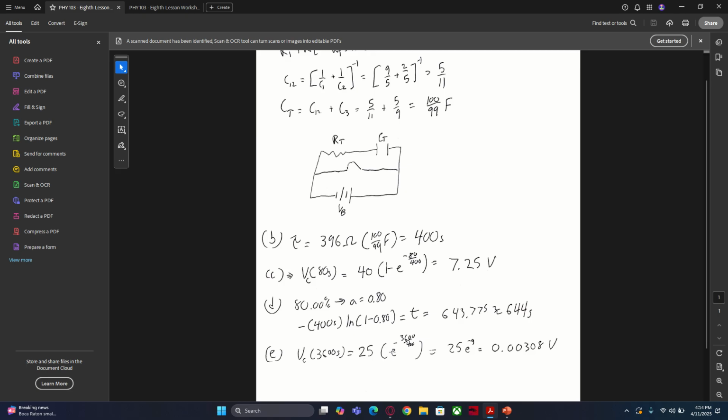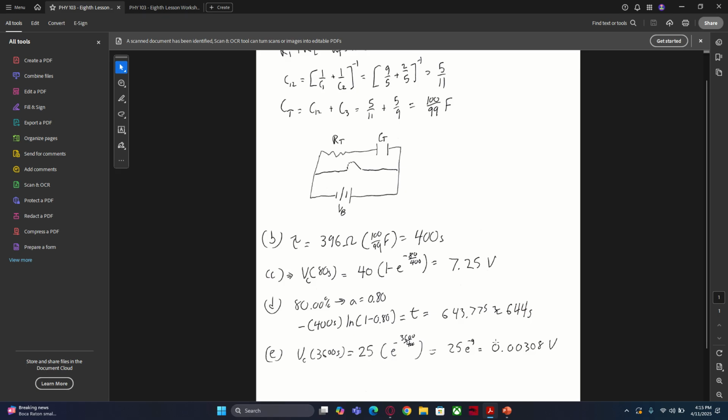That will be the exponent of e. And then that quantity times 25 gets us 25 times e raised to -9, or 0.00308 volts. So 25 volts is where we started before the capacitor began discharging, and it made it all the way to 0.00308. So mostly all gone.